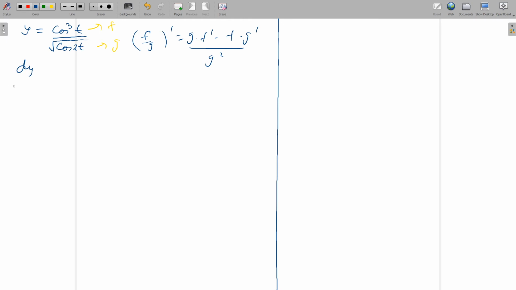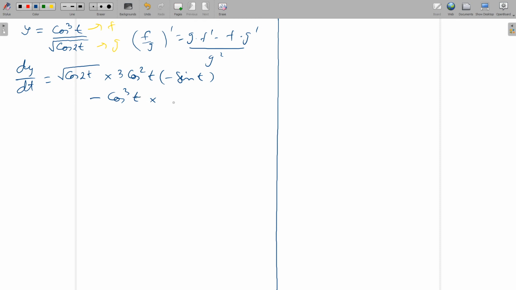So dy by dt is equal to g into f dash, that is square root of cos 2t into the differentiation of cos cube t, that is 3 cos square t, and the differentiation of cos t is minus sin t. Now minus f into g dash, so minus cos cube t into the differentiation of root of cos 2t.